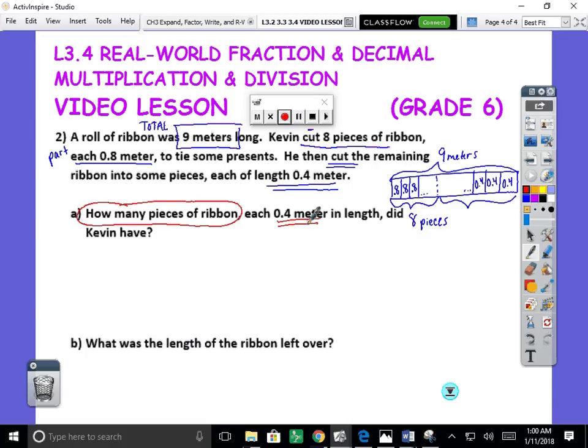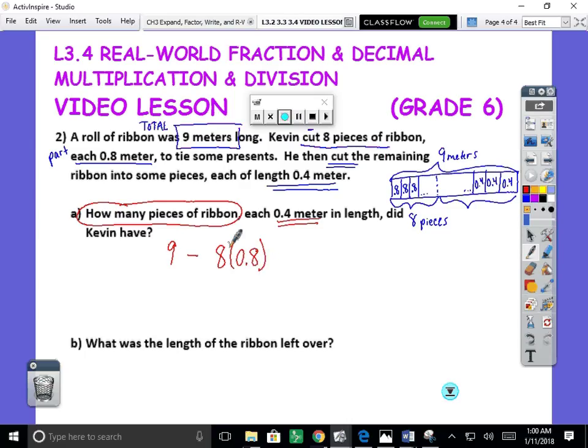All right, so we need to get ourselves started here. What did this whole bar represent? We started with 9 meters, but we took something away from it. What did we take away? Oh, I have to take away these 8 pieces. And remember, I'm not just taking away 8 as a whole number, I'm taking away 8 pieces, and each of them are 8/10. So that's like 8 groups of, or maybe 8 times 8/10.